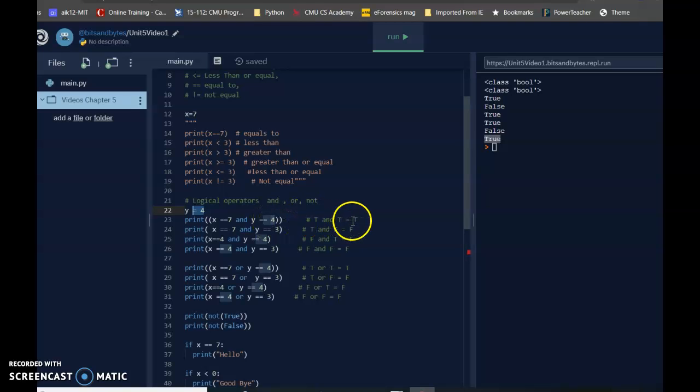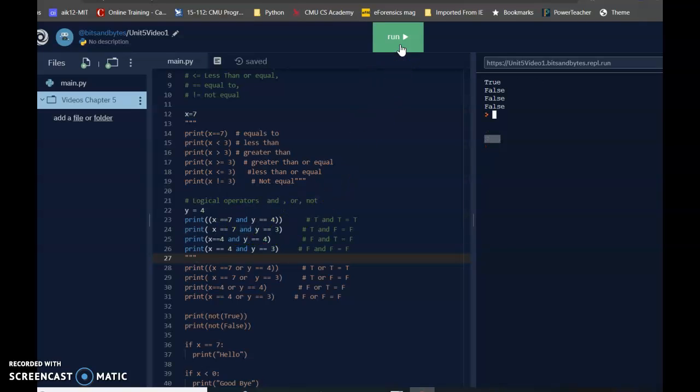So a true and a true gives you a true. Since I'm working with and, I could comment the rest out and just keep the and so only those show up. Both of these have to be true for it to be true.